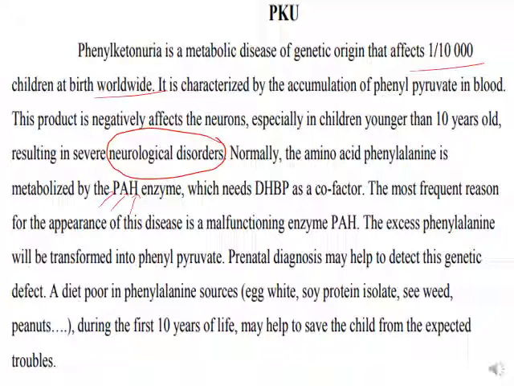The excess phenylalanine will be transformed into phenylpyruvate. Prenatal diagnosis may help to detect this genetic defect. A diet which is poor in phenylalanine sources like egg white, soy protein isolate, seaweed, and peanuts, etc., during the first 10 years of life may help to save the child from the expected troubles.